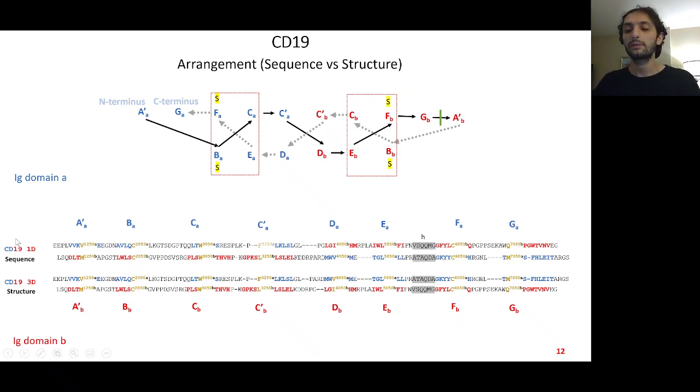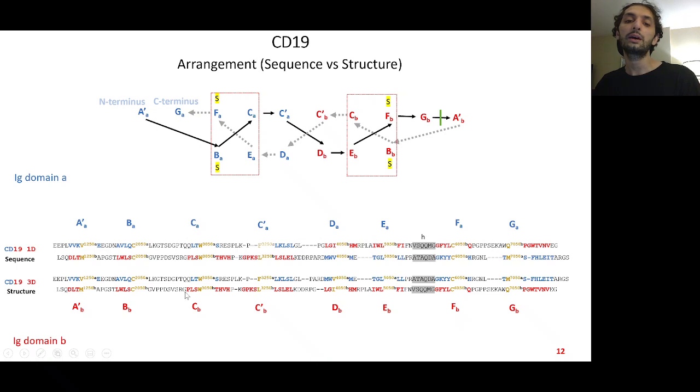And here I also have an alignment of both the sequence and the structure orientations of the CD19. So this is essentially the sequence, and you can see that it starts with the blue domain, and then at some place it changes to the red domain, continues the red, and then goes back to form the blue one, like we showed at the top. But here we have the structure-based alignment.